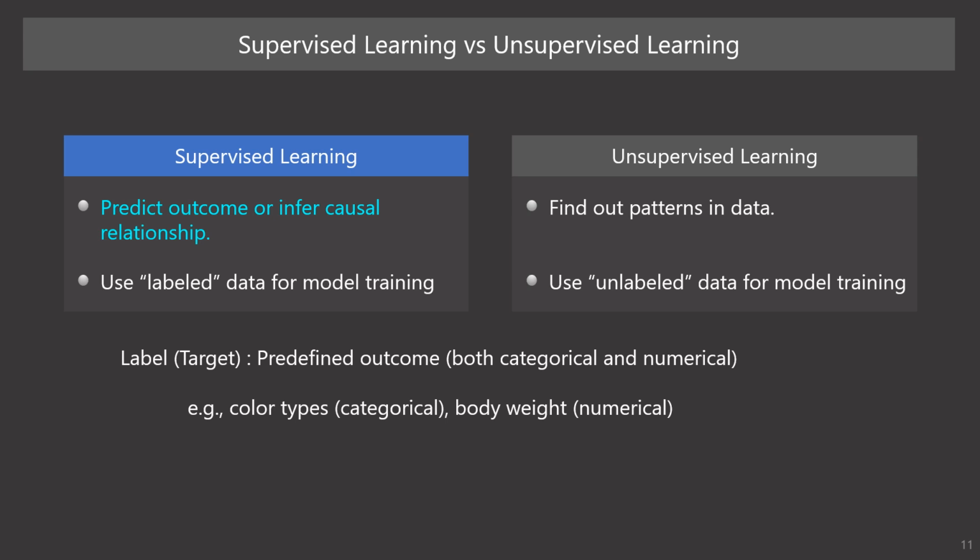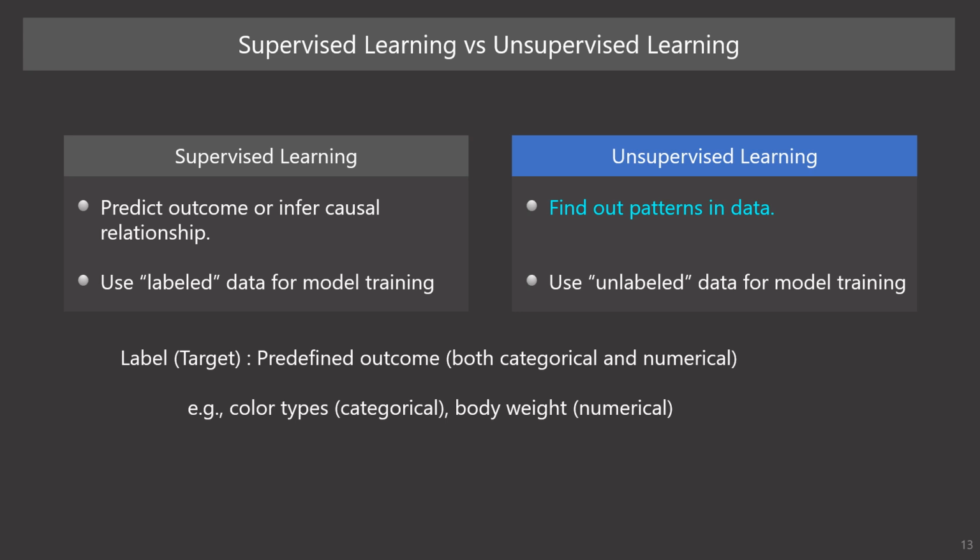In predictive analytics, our purpose is to develop a prediction model. To develop such a model, supervised learning uses a labeled dataset. A label is a variable that represents a predefined category or quantitative measures. A label variable is also called a target variable, an outcome variable, or a response variable.